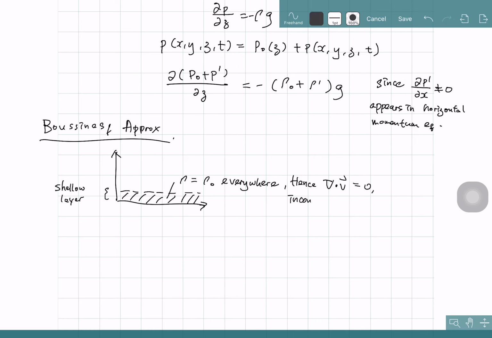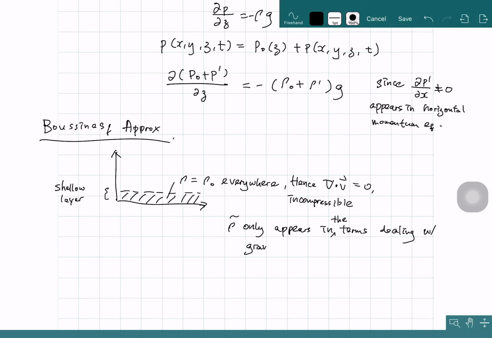Incompressible, dealing with gravity, since g is a large term.